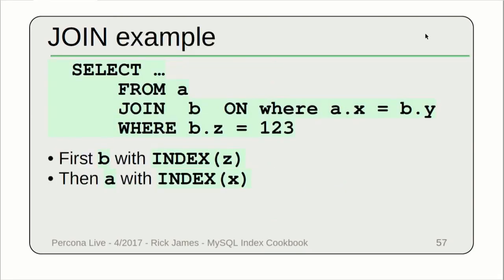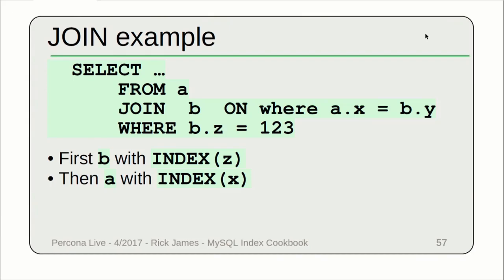So what happens next? Let me use this example to reach into what you do for the second table. Well, first of all, the first table has a where clause, and so it picked B as the first one it's going to look in, the optimizer will.